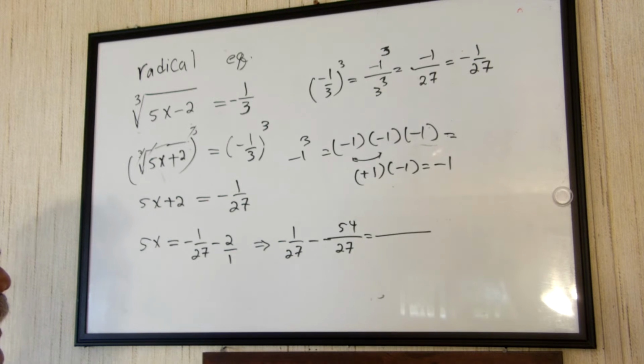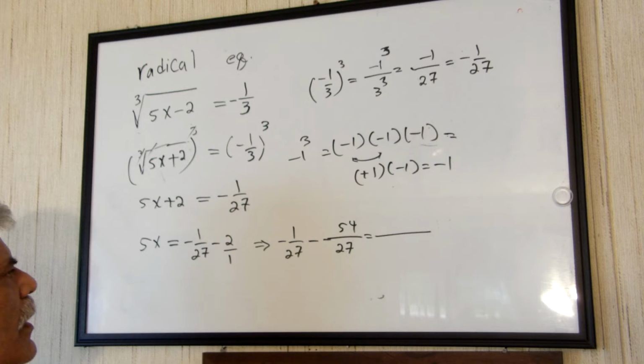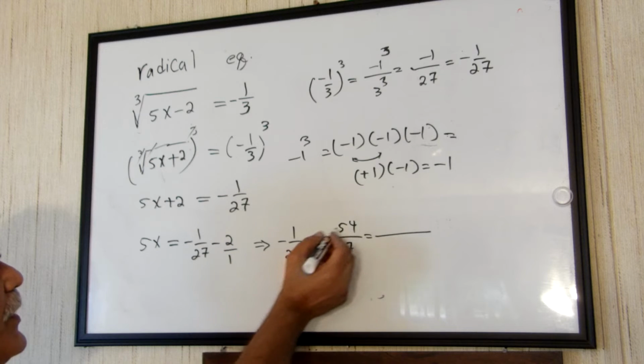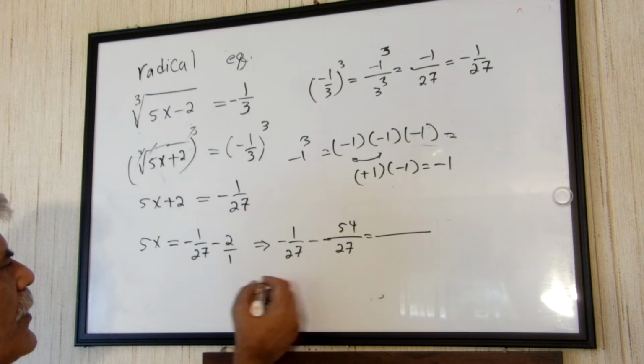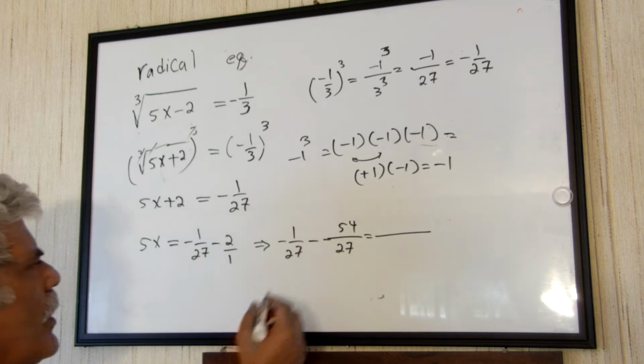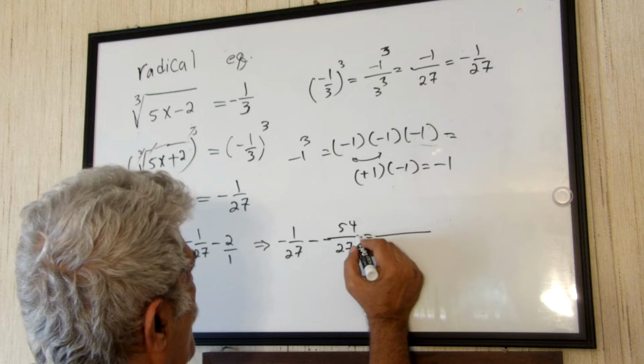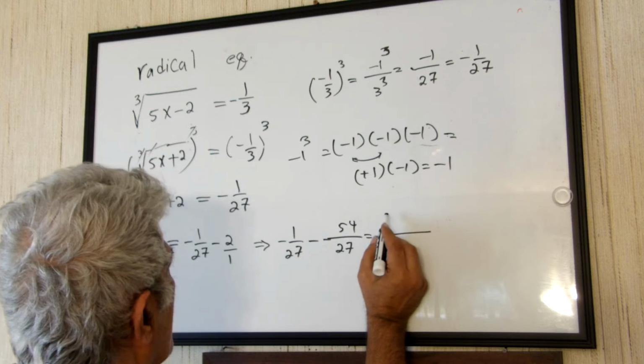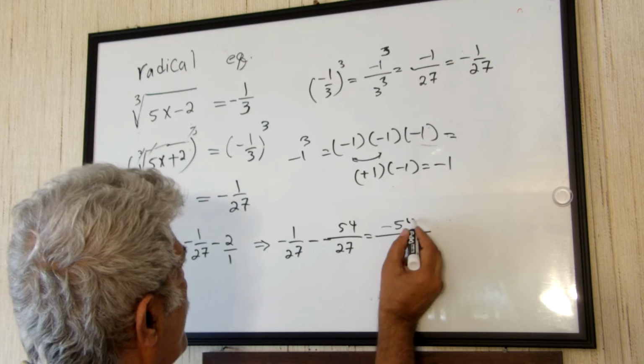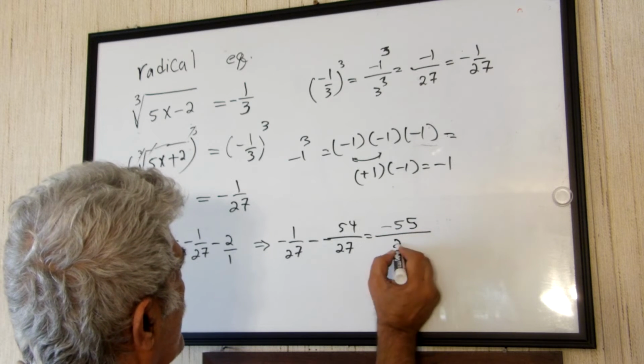Because we multiply top and bottom, and if we divide 54 by 27, it's going to be minus 2. So we can write it this way, multiply both numerator and denominator by 27, so it's going to be minus 55 over 27.